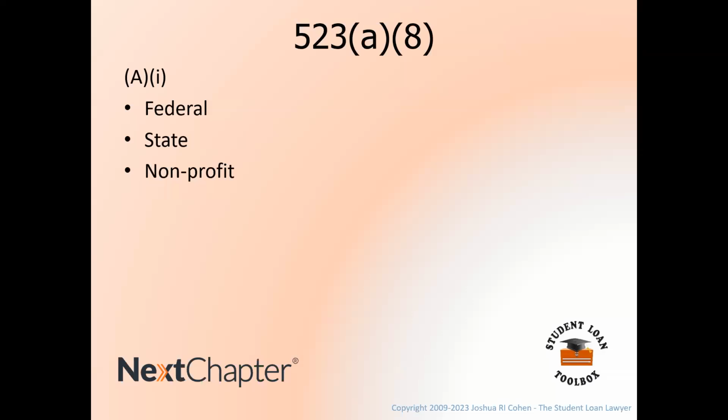Those are nonprofit loans. They're non-dischargeable because of (A)(i). Whatever tricks you might have heard about cost of education or any of that doesn't apply to nonprofit loans. EduCap is another example. And Sallie Mae loans from 2006 or earlier also had a nonprofit, so they are non-dischargeable under (A)(i).